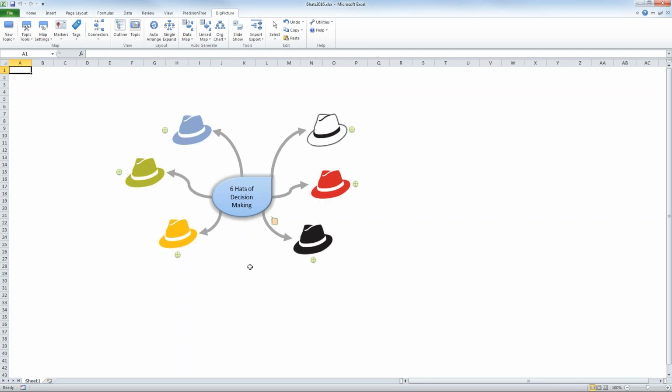This is 6 hats of decision making, and if you haven't heard of it before, it is based off of Edward de Bono's book Six Thinking Hats, an essential approach to business management. Six Thinking Hats is an effective parallel thinking process that helps people come together and make a more mindful decision together.